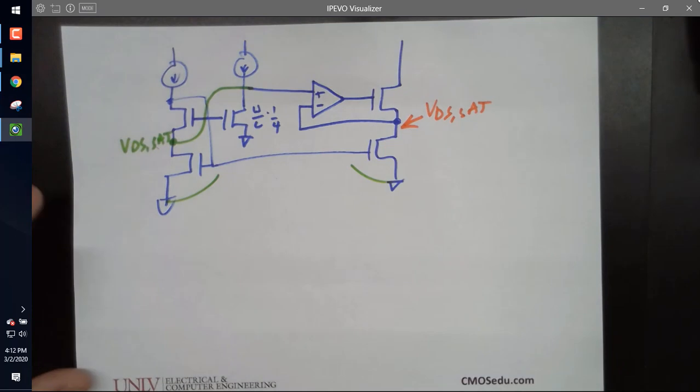Now, what did I call this on my biasing circuits that we went over last time? I called it V low. So that voltage I called V low. And let's take a look at that in the end of chapter 20.